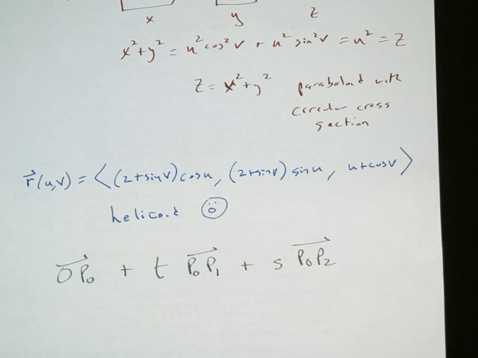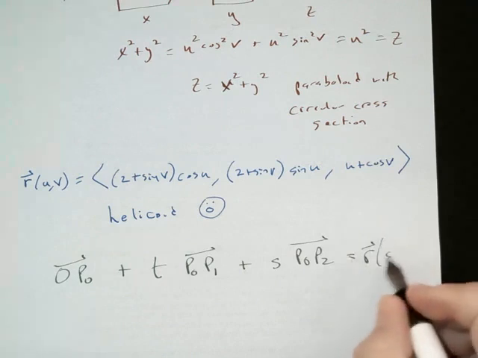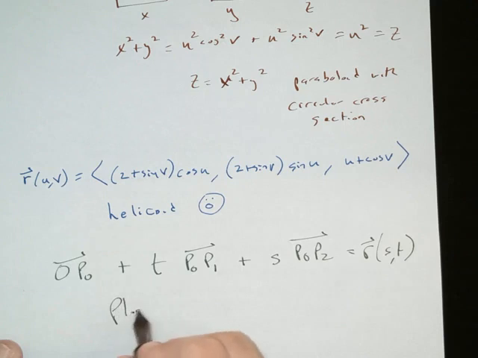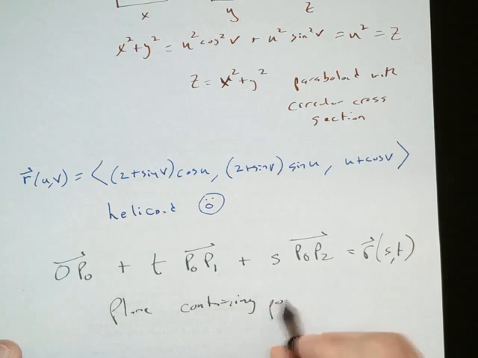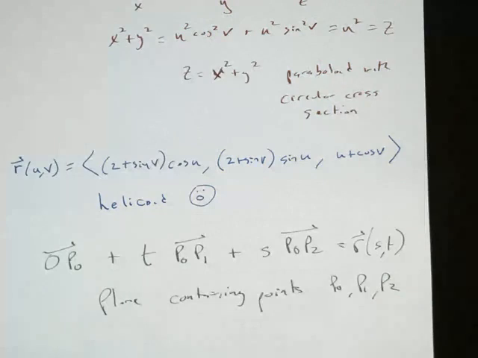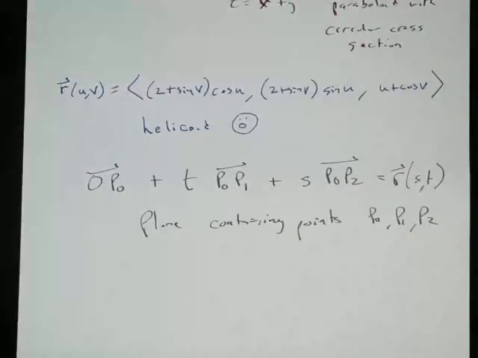This is exactly R of S, T instead of U and V. I don't care what letters you use. This is a plane. Only instead of describing it using the cross product, using n dot x minus x0, y minus y0, the way we did back in chapter 12, I can define it now in terms of S and T.